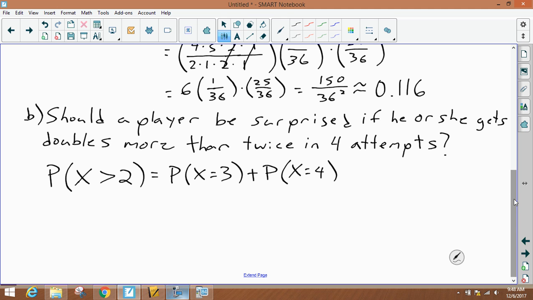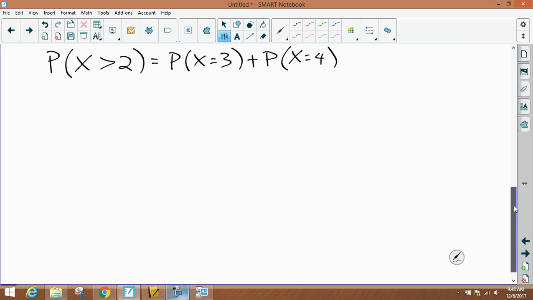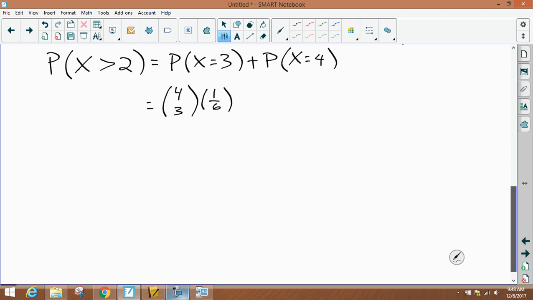So then if we're going to put that into our formula, that is going to be equal to 4 choose 3 times 1/6 to the k power, which is 3, times 1 minus 1/6 to the n minus k, 4 minus 3, plus... Dang it, I do that a lot.